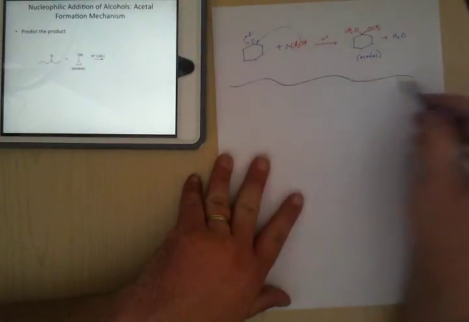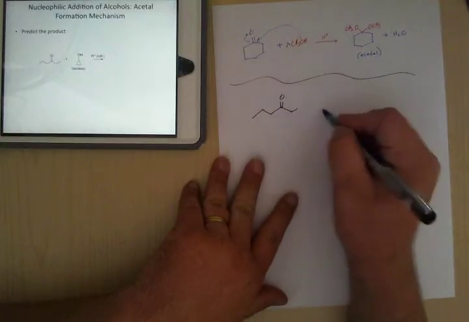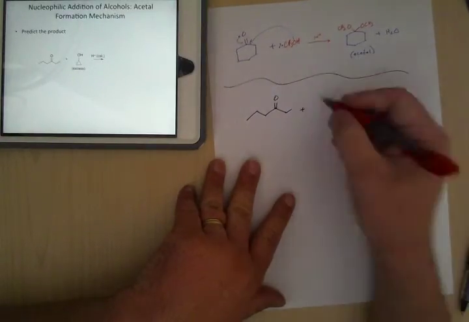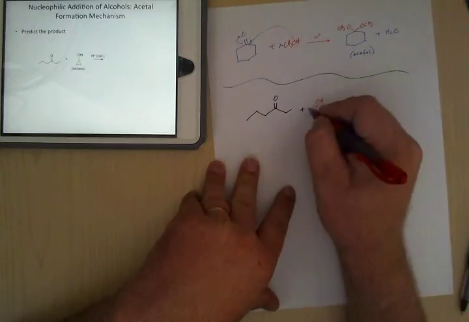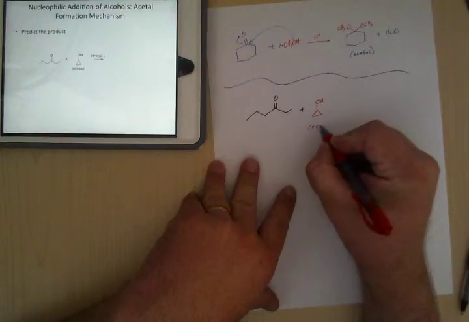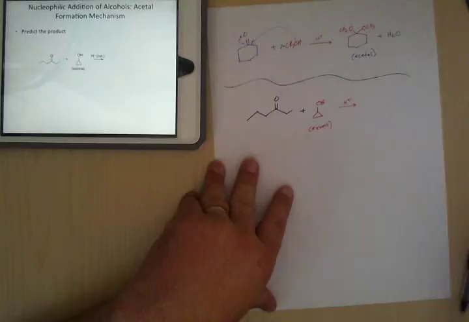So for an example, plus OH like that. We're going to have an excess of this. We usually dump it in and use it as a solvent. You have a little bit of acid.